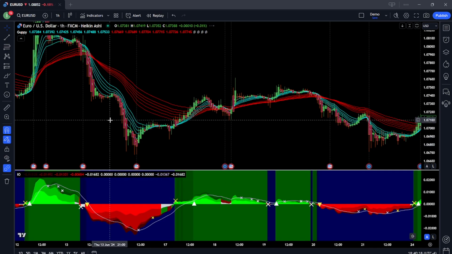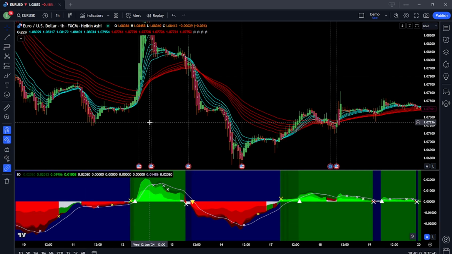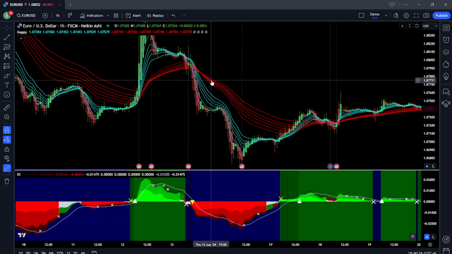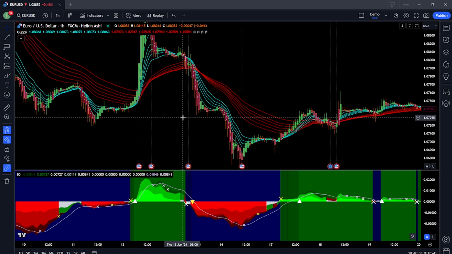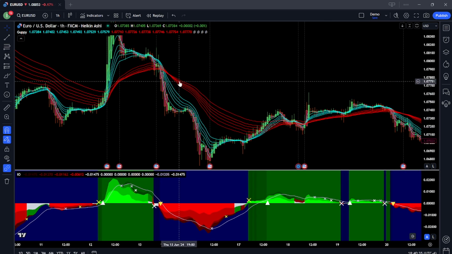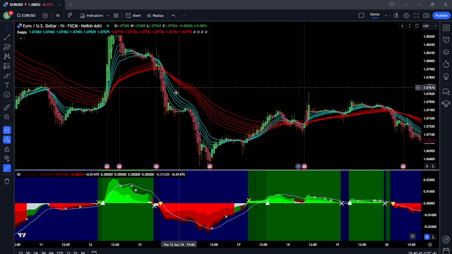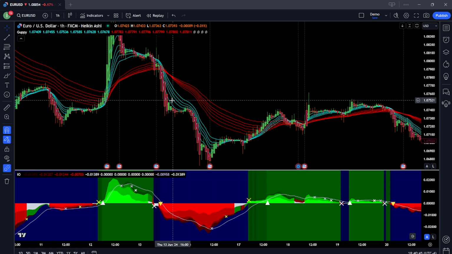So basically, let me explain how this Guppy indicator works. These are all a set of EMAs. They are split into two groups. We can call the red group the long-term investors group, and the blue EMAs the retail traders group.